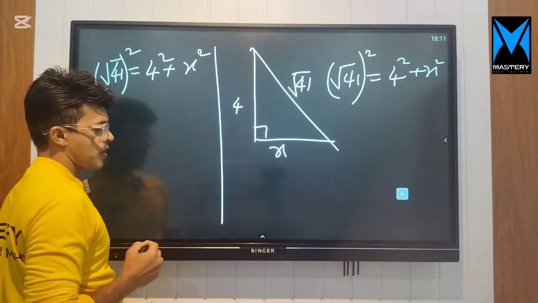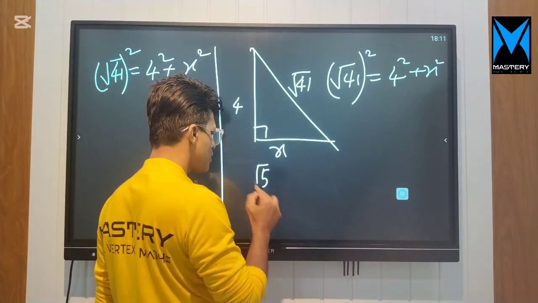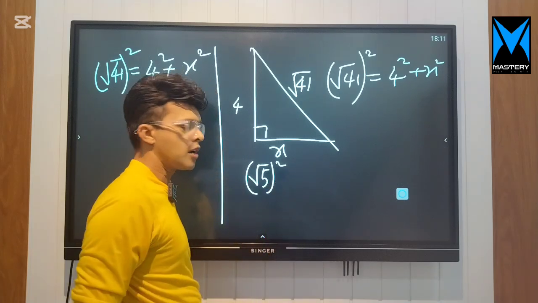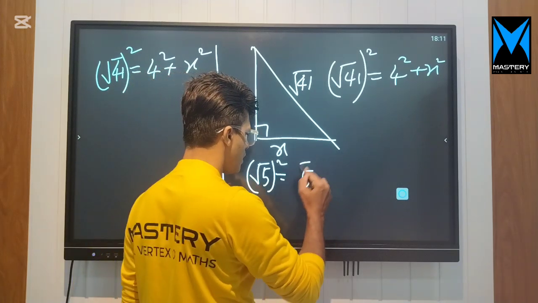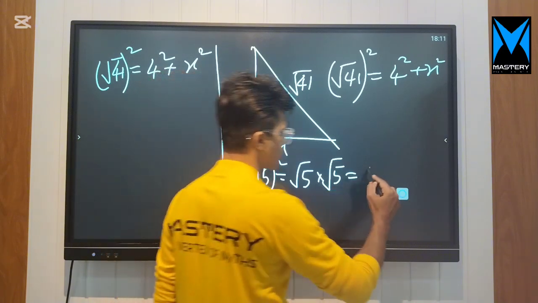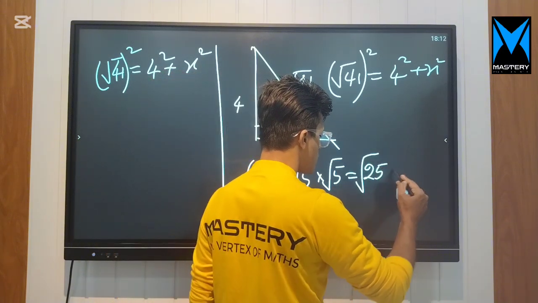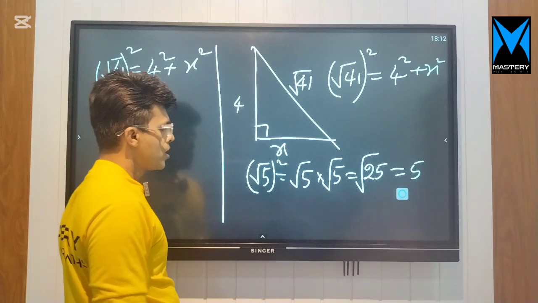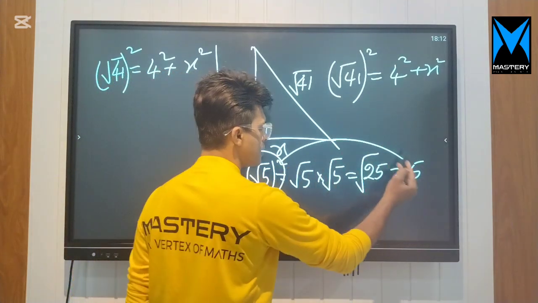I will teach you this one. Just think of root 5 square. Root 5 squared means root 5 into root 5. 5 times 5 is 25, and the square root of 25 is 5. So root 5 squared is 5.